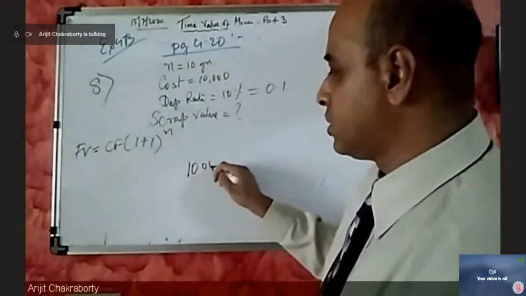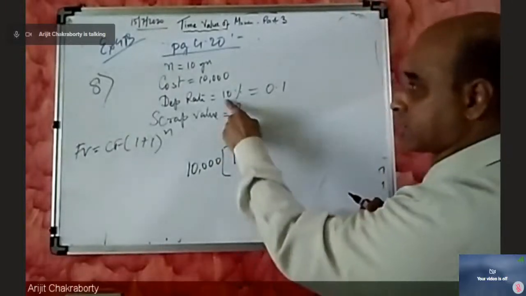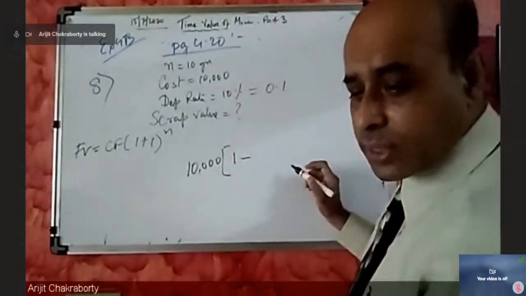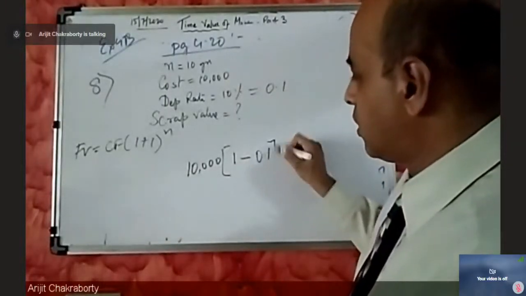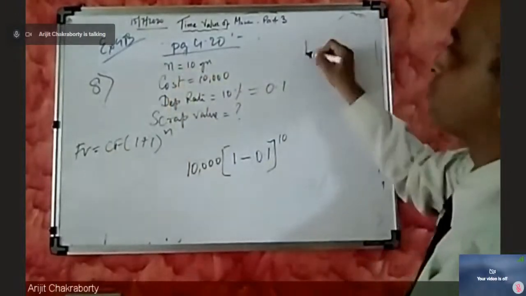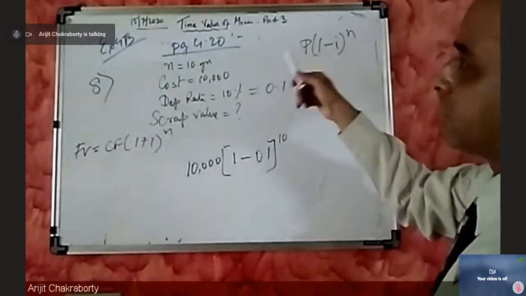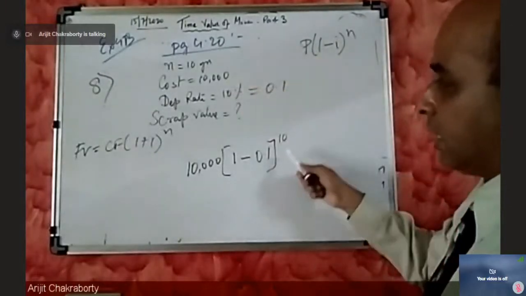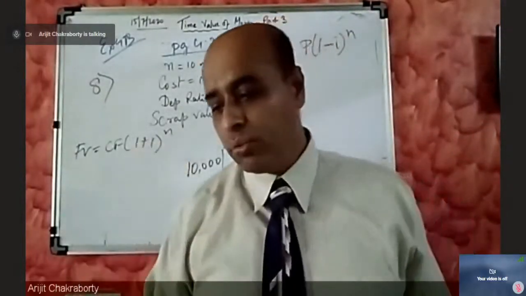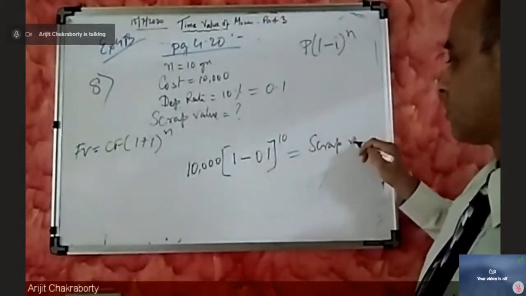Original cost is 10,000, into 1 minus depreciation rate, 10%, 0.1, to the power 10, because n is 10. So the formula here is P into 1 minus I to the power n, where P is the cost, 10,000. This will be equal to the scrap value, which we don't know.